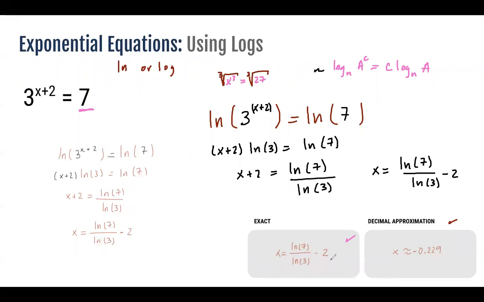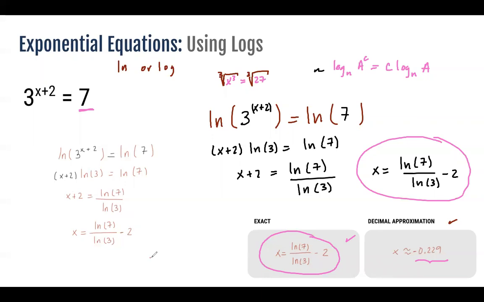But if you want a decimal approximation, you would go to your calculator, type the exact answer, meaning that whole thing, and you're going to get a decimal approximation of your answer. If you substitute the exact version of the answer in the exponent, you're going to get exactly 7.